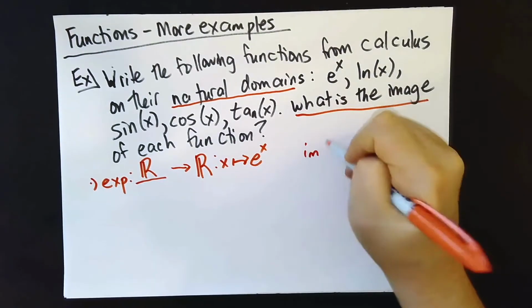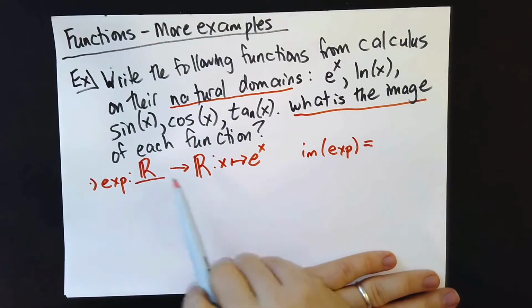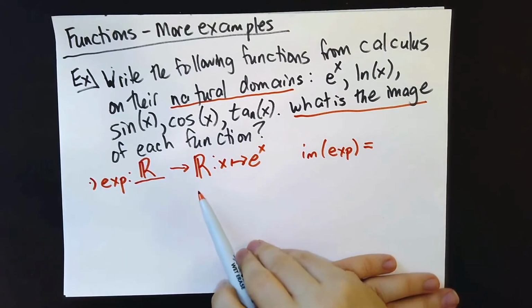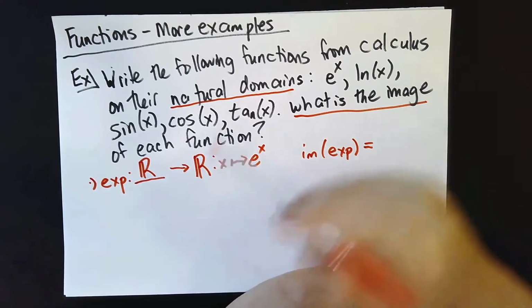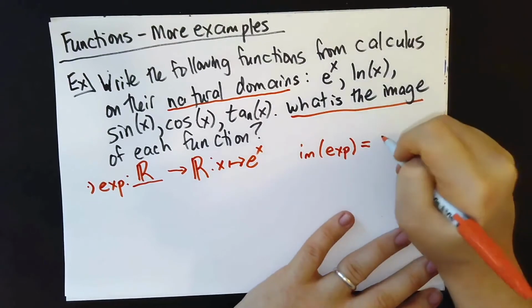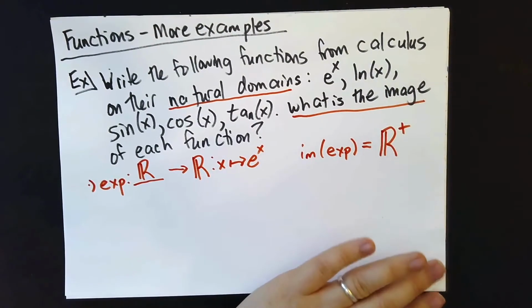Now, what's the image of this function? That is, what real numbers do we get out of the exponential function? And the answer here is not all real numbers. In fact, every number I get out of the exponential function as an output is always positive. In fact, I get out exactly the positive real numbers.